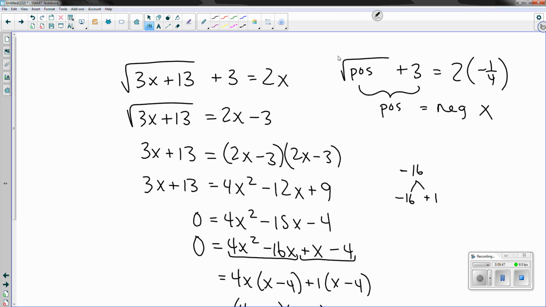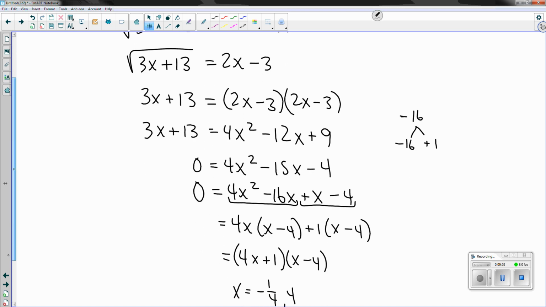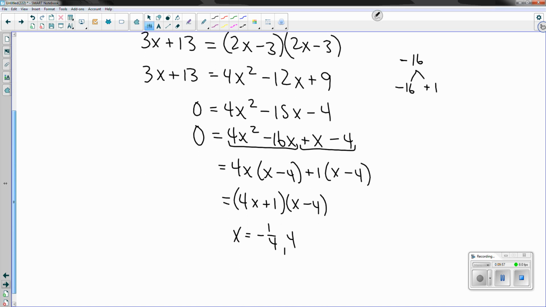No. So negative 1/4 is not a valid solution to the original radical equation, even though it was a correct solution to the quadratic that we found as a result of clearing out that radical. So what we would say for our final answer is that 4 is the solution, but negative 1/4 is extraneous.